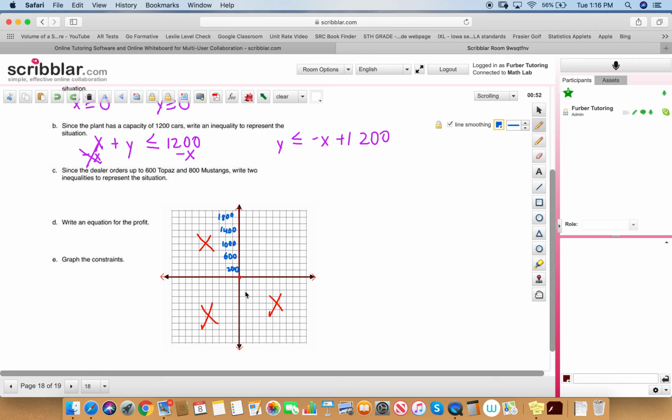Okay. All right, so if I'm going to graph that one, and the same thing here, I'm going to run out of room though. 200, 400, 600, 800, 1,000, 1,200, 1,400, and then 1,800. Okay. So if I graph it, I'm going to go to 1,200, which is going to be here. And the slope is negative 1. It's a little too big.